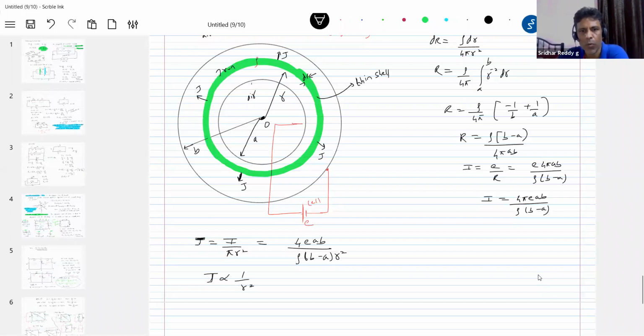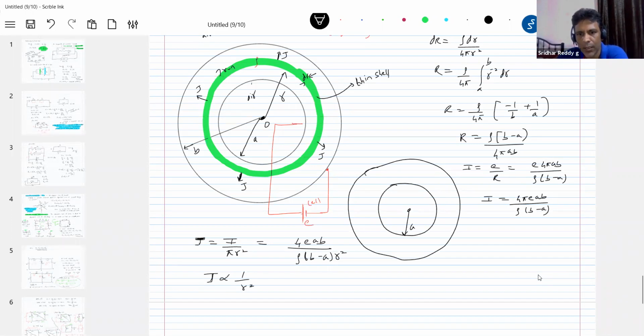So you take two points in the thick shell; the current density will be different here. On the same diagram, I'll indicate all the other terms. This is point 1. We are comparing current density at points 1 and 2. Where will current density be more?